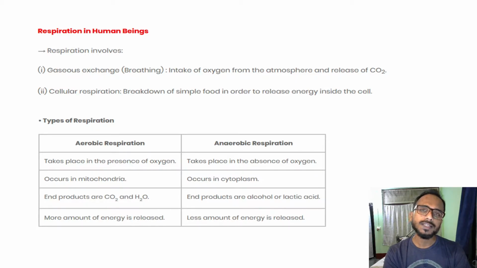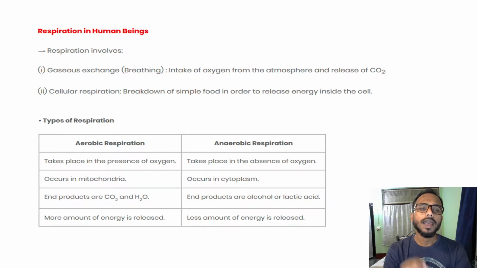One takes place in presence of oxygen, another takes place in absence of oxygen. When oxygen is present and respiration is occurring, it is aerobic. When respiration is occurring in the absence of oxygen, it is anaerobic. Aerobic respiration occurs in mitochondria, anaerobic respiration occurs in cytoplasm.